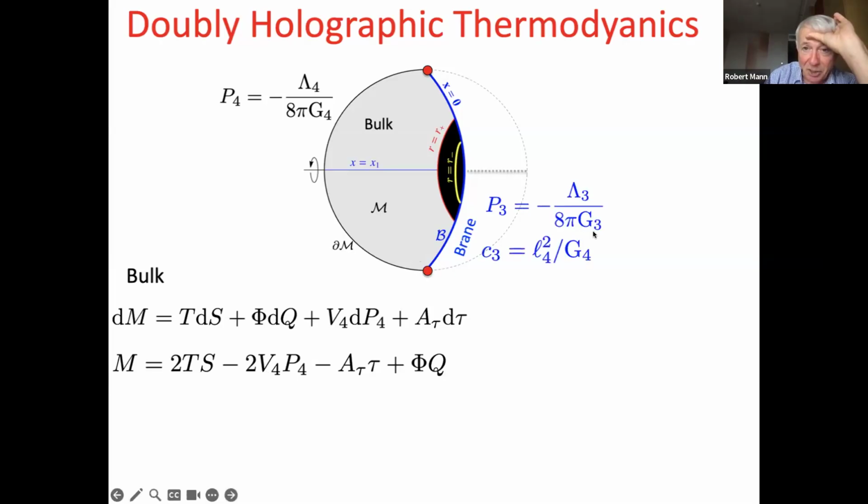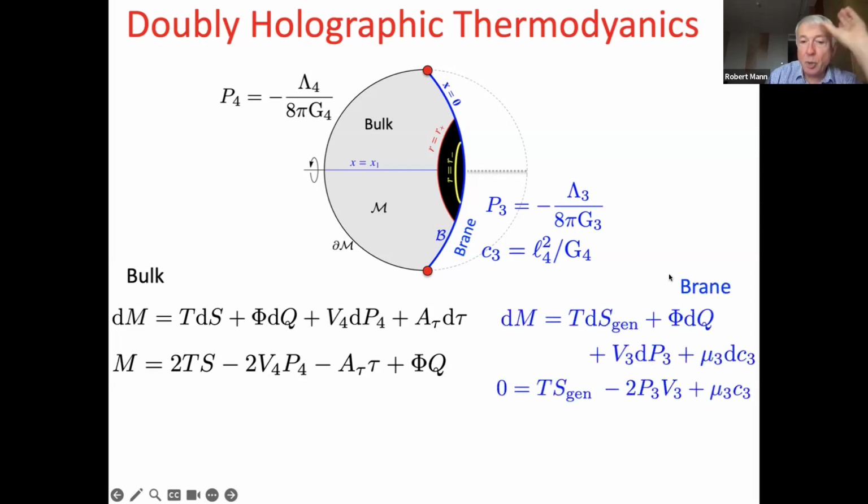And the idea here is we have a cosmological constant on the brane, and we have a central charge induced from the CFT way back here that's percolated down to the brane. And you can show that these variables in the bulk are related to the ones on the brane via the holographic dictionary.